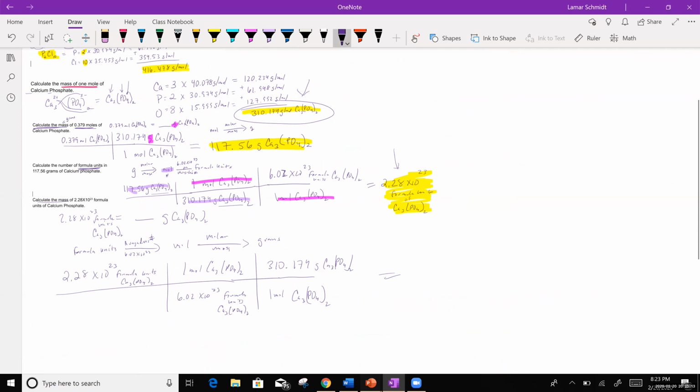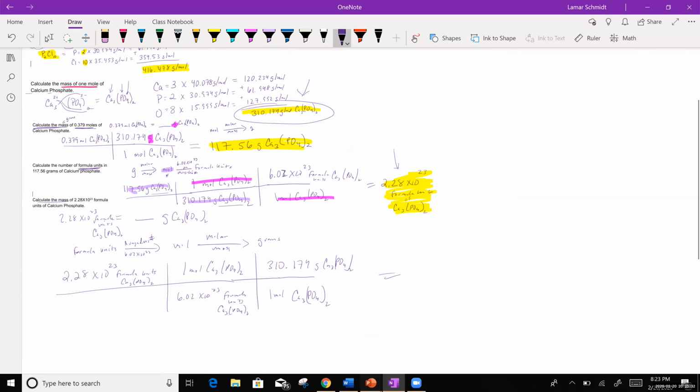If you notice that you have two things that are both times 10 to the 23rd, you can just take 2.28 divided by 6.02. You don't need to plug in the times 10 to the 23rd, especially when they're the same exponent. They're going to cancel.